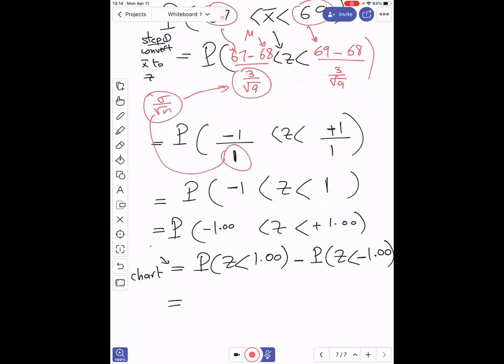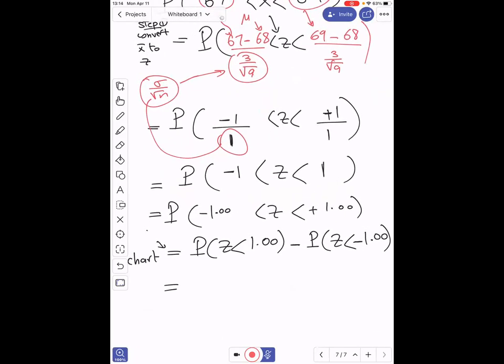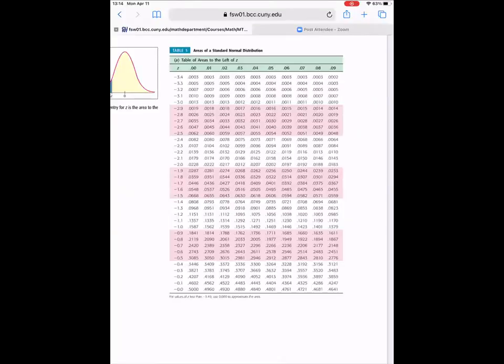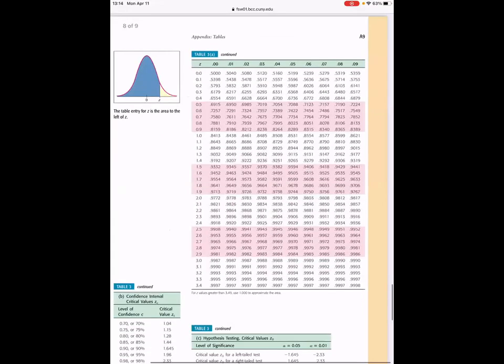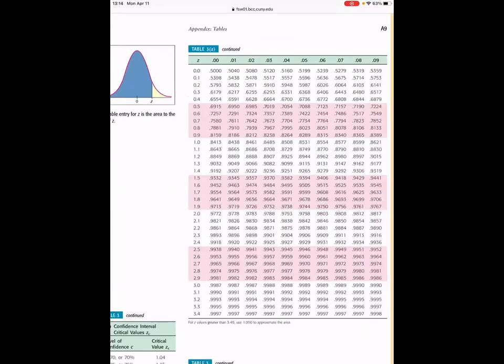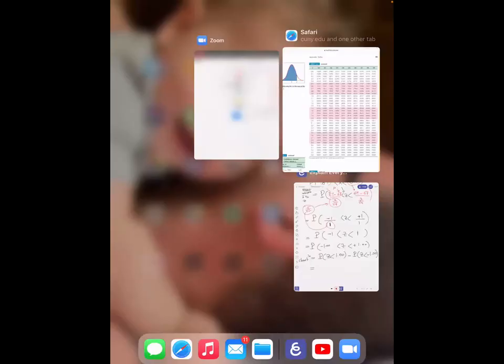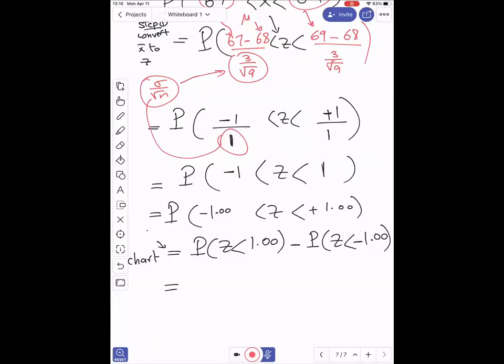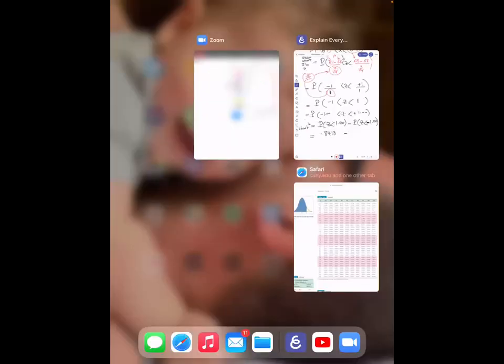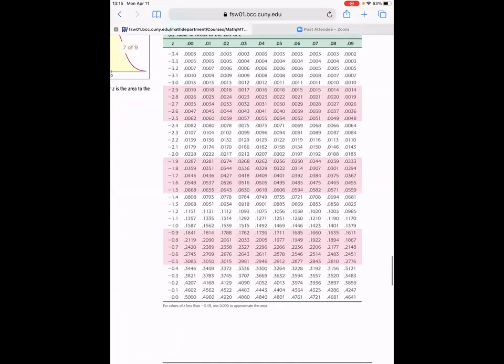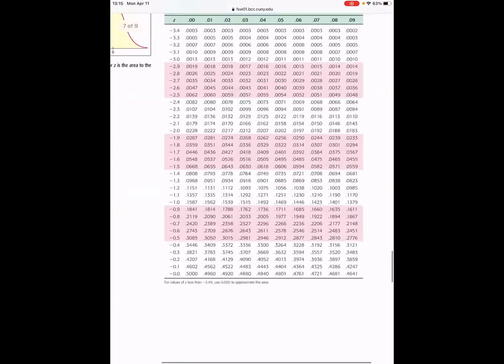So now I can use our chart. For positive 1.0, we go down to 1.0. That's 0.8413. Nearest hundredth is 0, so 0.8413. Minus, this is now negative 1.0, so you go all the way down here.